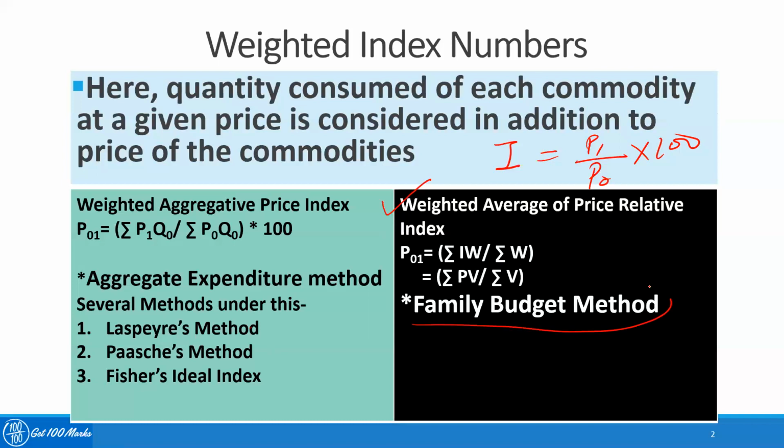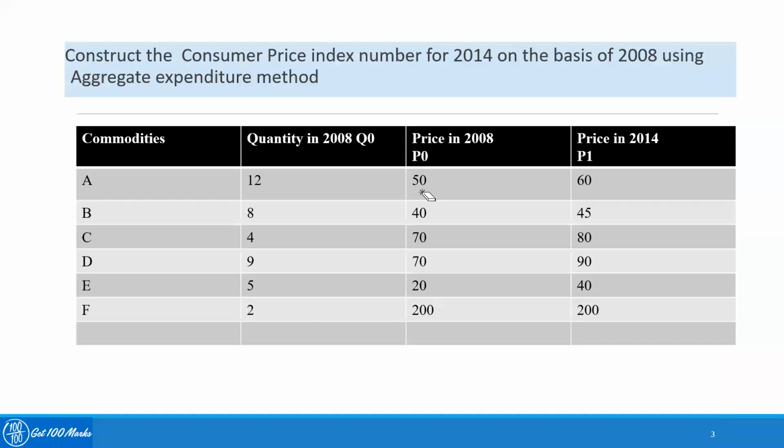Another name for the weighted average price relative method is the family budget method, which is more common than calling it the weighted average price relative method. In the exam, you will see this family budget method very commonly; many times questions come on this method.